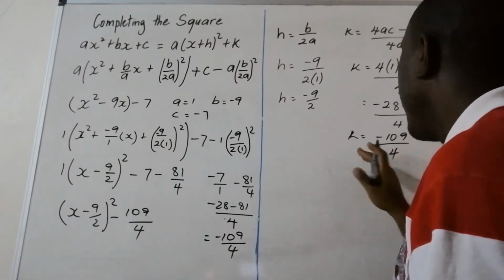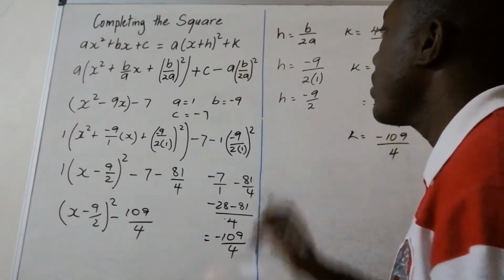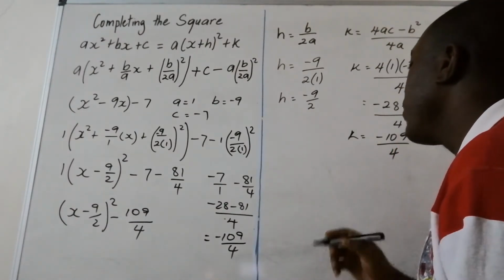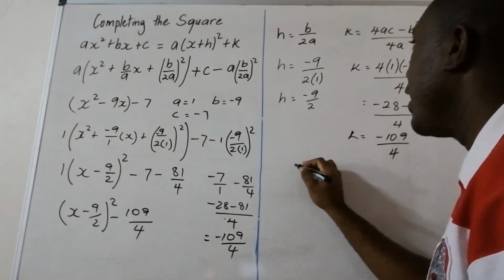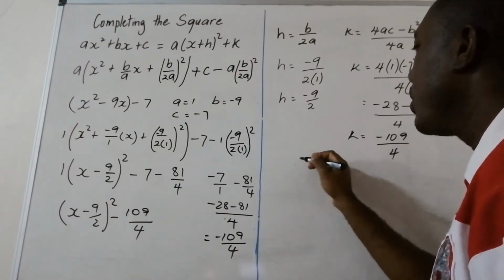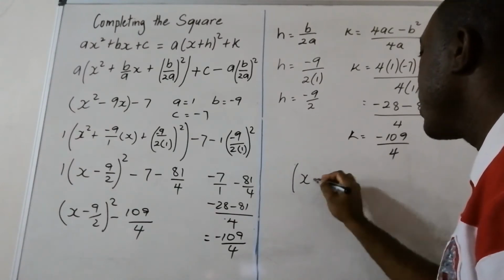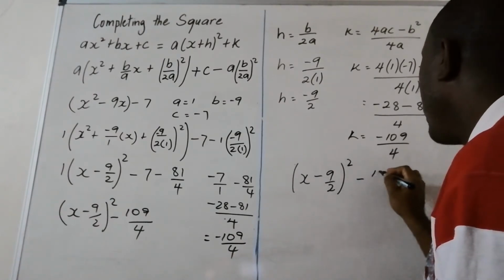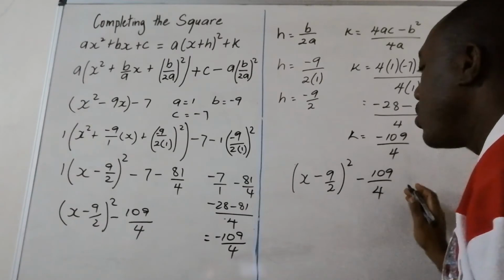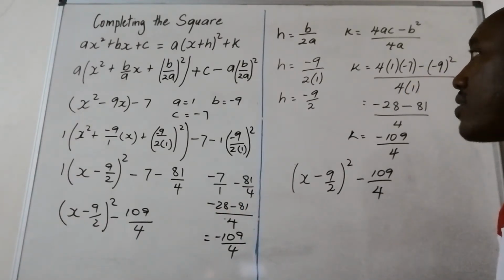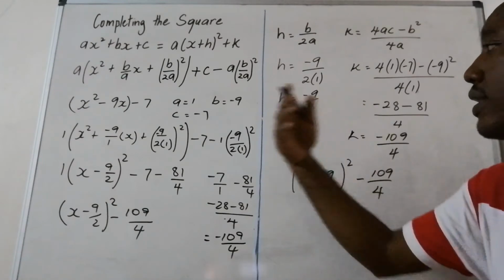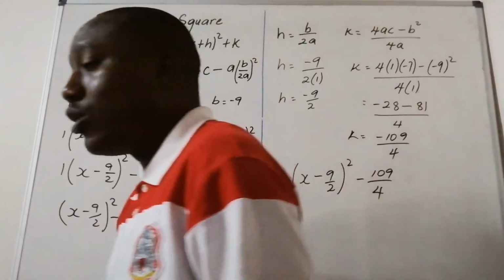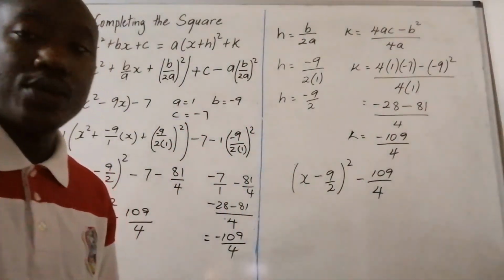Now we substitute into the completed square format. a is 1, so we can rewrite it as x minus 9 over 2 squared minus 109 over 4, and you see we have the same answer. So we could do it with either this method or our formula method, and I'm sure I know which one you will choose.